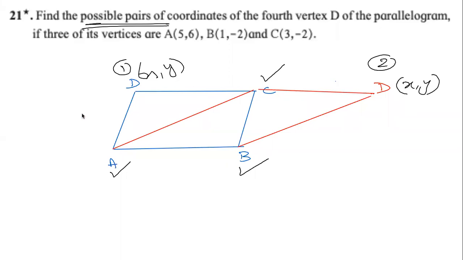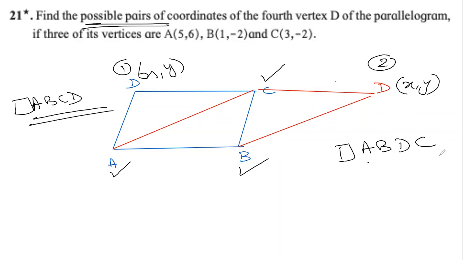So the names of the parallelograms will be different. The blue one can be called parallelogram A, B, C, D. The red one can only be called A, B, D, C. Because of this, there are two possibilities for the point D.